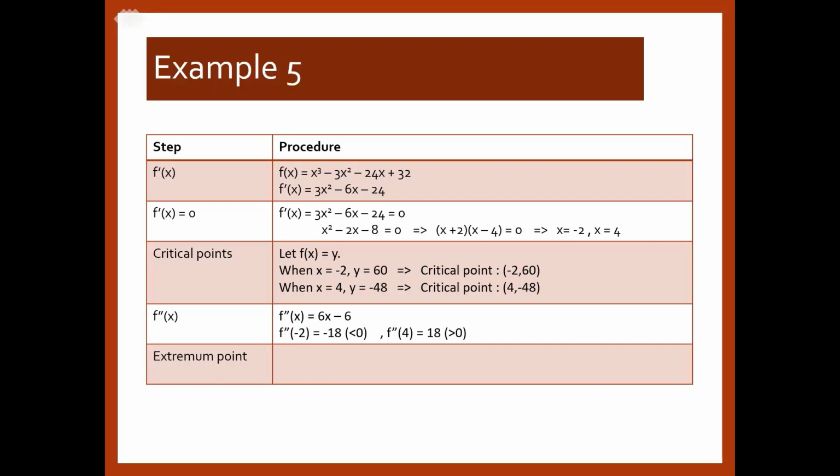Then, substitute the x values into f double prime, and you should get f double prime of negative 2 equal to negative 18, which is less than 0, and f double prime of 4 equal to 18, which is greater than 0. Based on the f double prime values, we can conclude that (-2, 60) is the maximum point and (4, -48) is the minimum point.